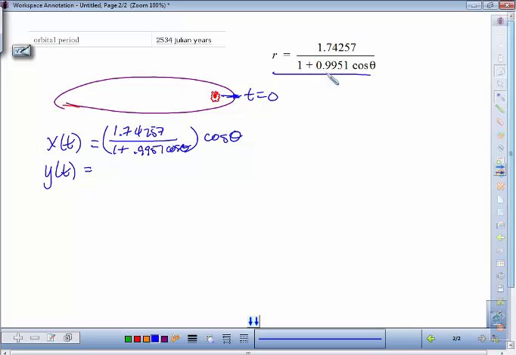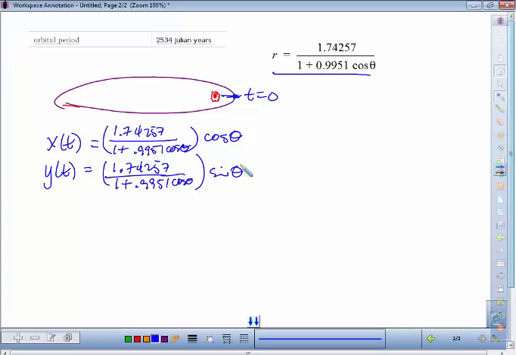And then likewise, you'll change your y into 1.74257 divided by 1 plus 0.9951 cosine theta. That's your r again, but this time with the y, you're going to put sine theta. Okay?